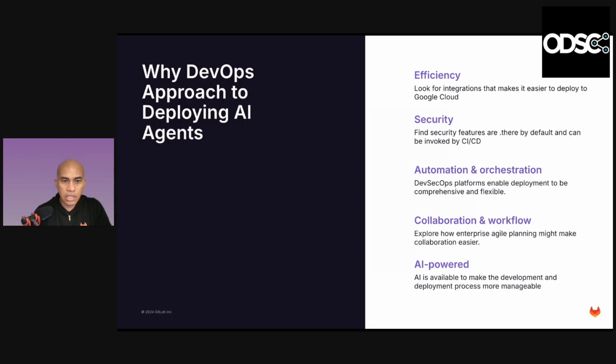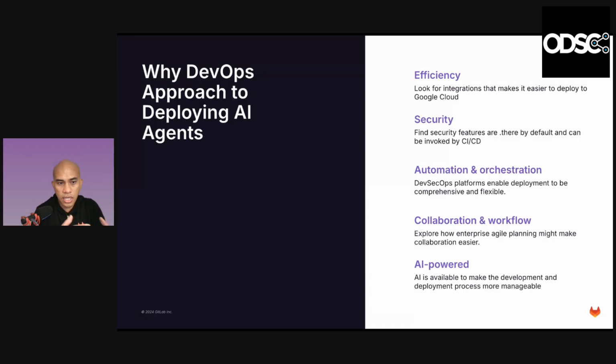And the way things are made more efficient is if you're using a DevOps approach to deploying your AI agents. For those who have not heard of the term DevOps, it's really developer operations.